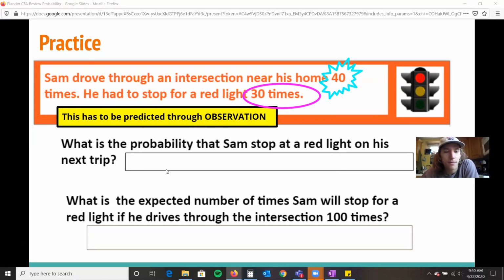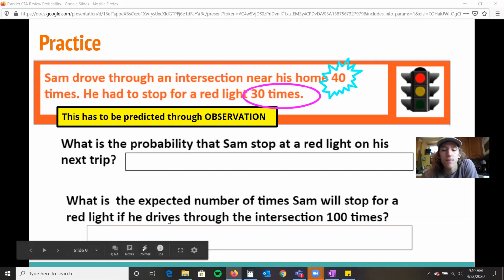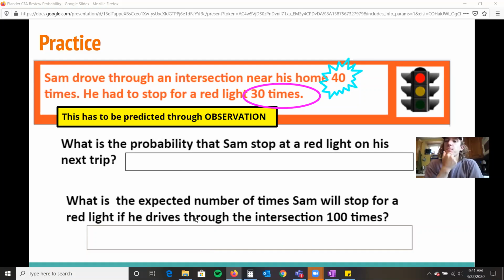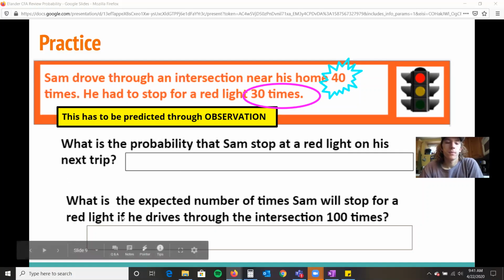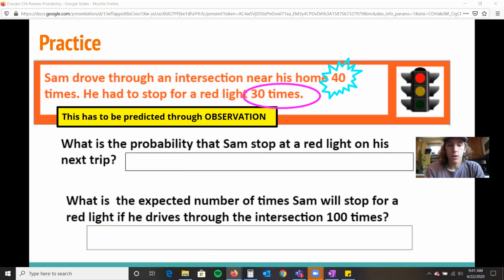All right, now, what is the expected number of times Sam will stop for a red light if he drives through the intersection 100 times? Okay, so you were correct if you said 75%, 30 over 40, or 3/4, right?